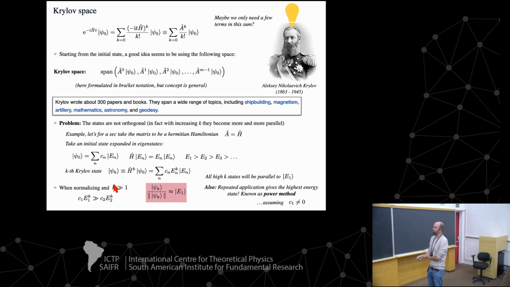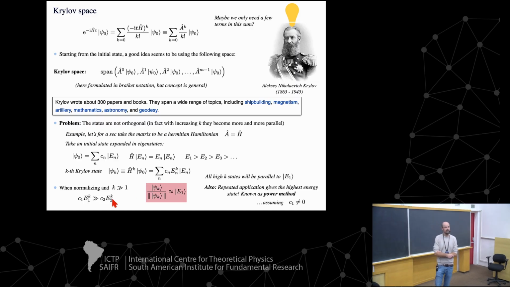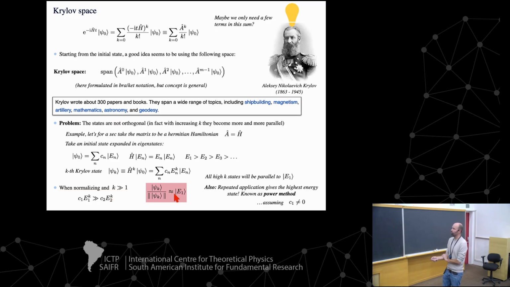Now, if I look at my Krylov state, which would be this Hamiltonian applied k times to the initial state, this is obviously just a state where I apply the eigenvalue to the power of k to my eigenvectors. If I make k very, very large and renormalize my state, then C1 times E1 to the power of k is going to be much, much larger than C2 times E2 to the power of k. So if I make k very large, I rotate my state closer and closer to the largest eigenenergy state in the system.